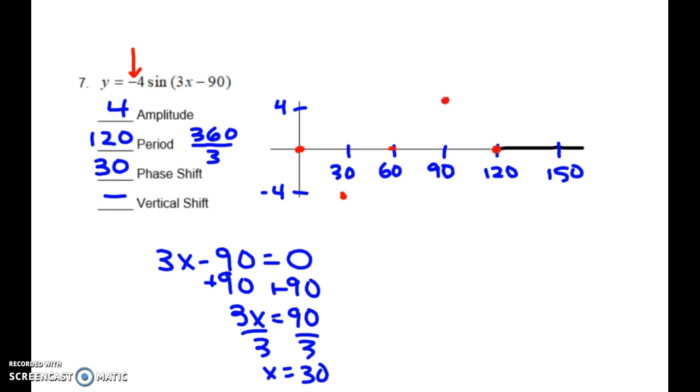This is what it would look like without the phase shift. Because this is moving to the right 30 degrees, I take each one of these points and move them 1 notch to the right. And then I go ahead and draw the curve. And again, it would continue, I just am not asking you to.